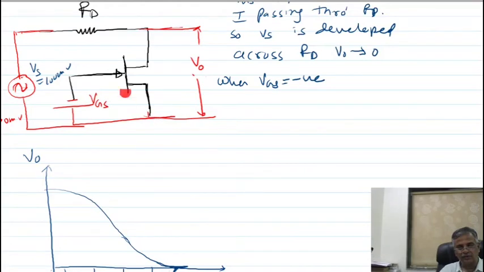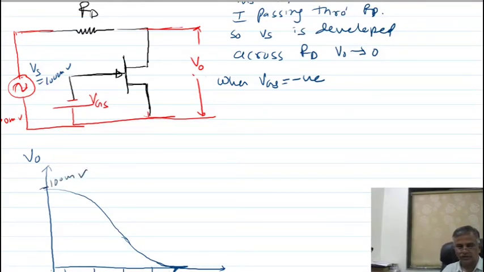As you make it negative, current decreases, this voltage drop decreases, so output voltage increases. When this is sufficiently negative, it does not conduct, current is 0, voltage drop is 0, so this voltage appears here, as I have shown in this graph. So here you will get maximum voltage.